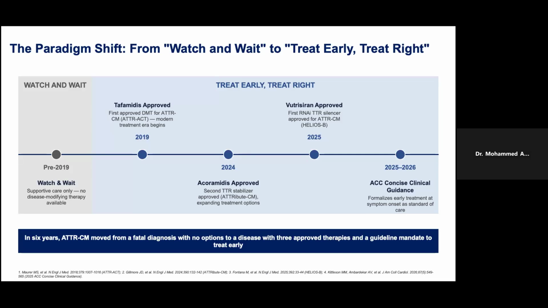This was followed by acoramidis in 2024, expanding the class of TTR stabilizers, and vutrisiran in 2025, the first TTR silencer therapy approved for ATTR cardiomyopathy, providing another effective disease-modifying therapy. In the past 6 years, ATTR cardiomyopathy has moved from a fatal diagnosis with no options to a disease with 3 approved therapies and a guideline mandate to treat early.